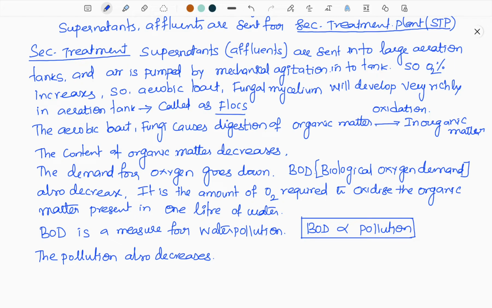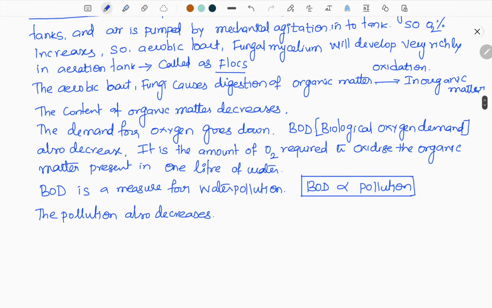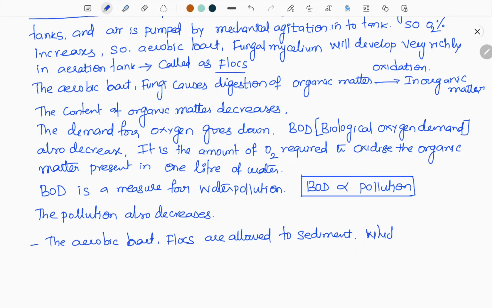That sediment is called activated sludge.